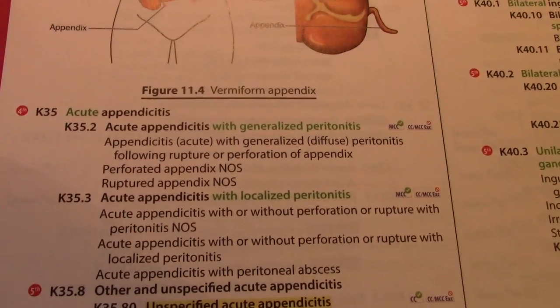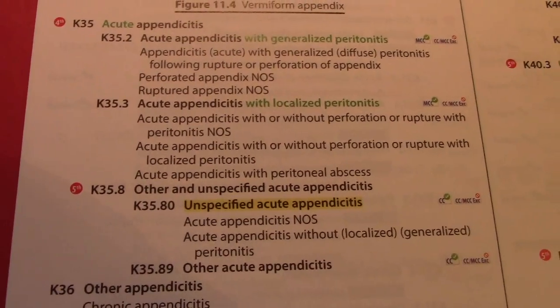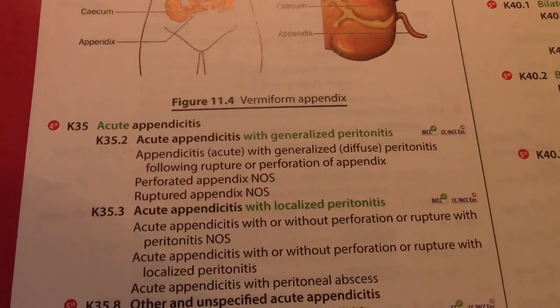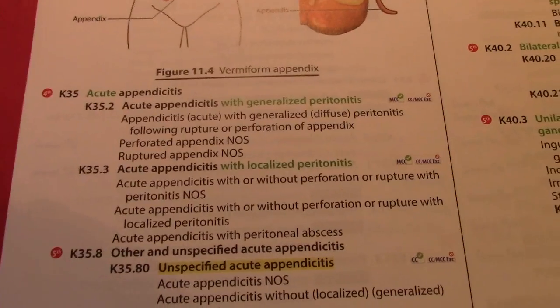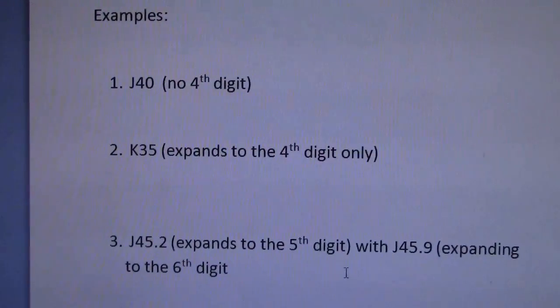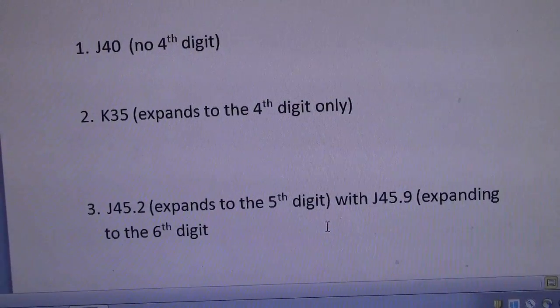So it expands to K35.2 or K35.3 or K35.8. But notice K35.2 is just that, a 4-digit code. K35.3 is just that, a 4-digit code. So K35 expands only to the 4th digit. So you're okay with those. You can stop them at less than 7 digits.